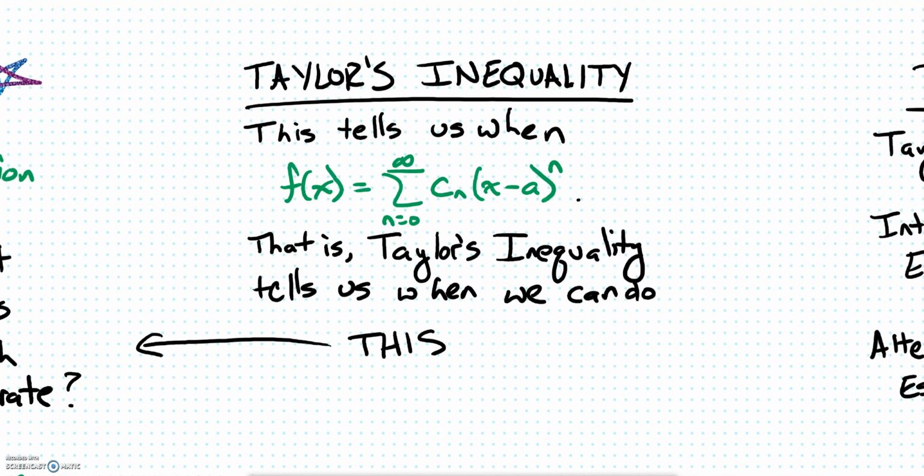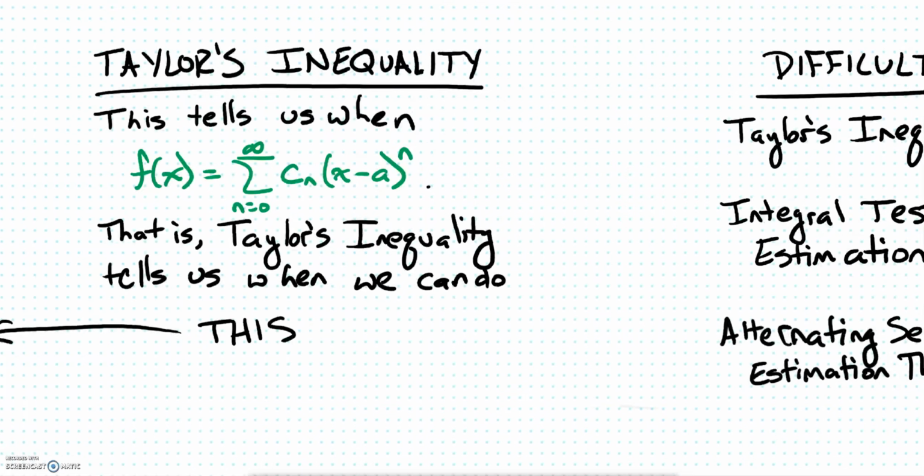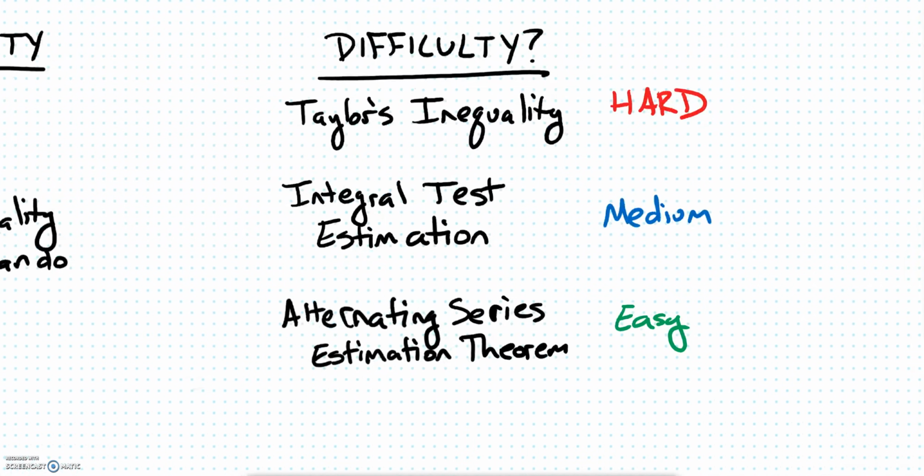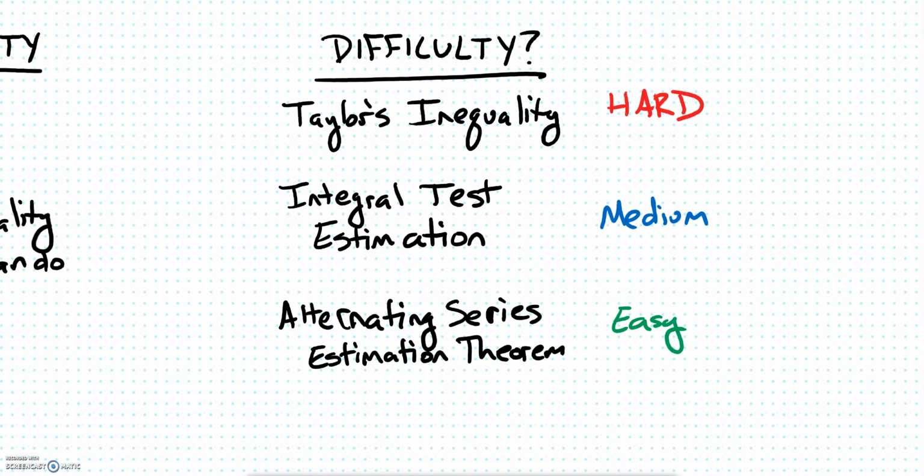Taylor's inequality isn't the easiest thing to deal with, and so what I really want to also push is that whenever we're trying to answer when is a function equal to the sum of its Taylor series, there's really 3 different tests that we can use, and they're all the estimation tests. Now, I strongly recommend try the alternating series estimation theorem because it's the easiest of all of these different estimation tests.